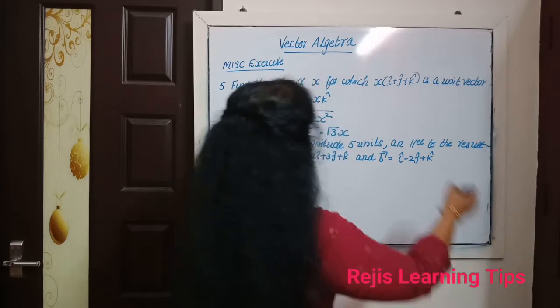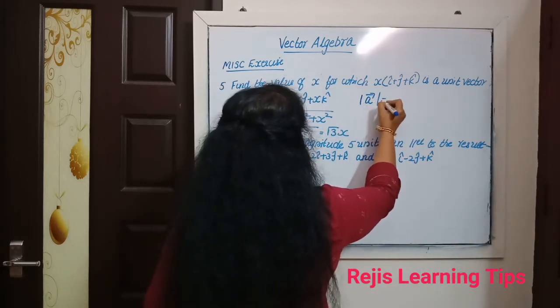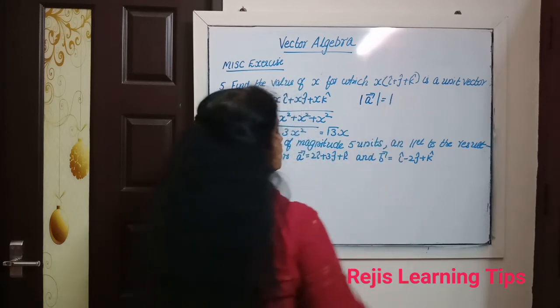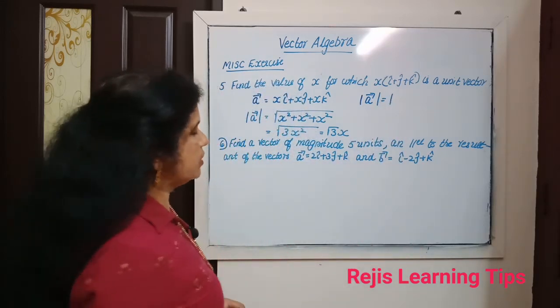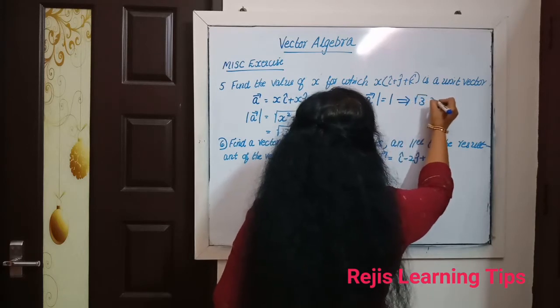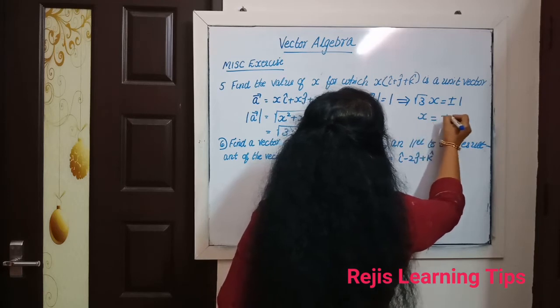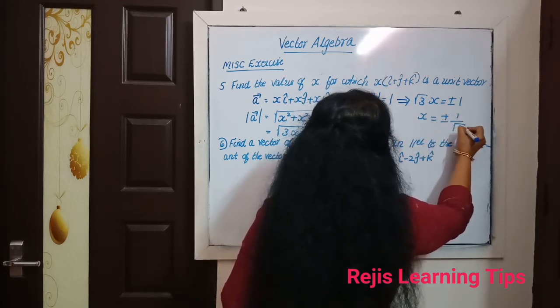So we can note that the magnitude of vector A is equal to 1. That implies that root 3 x is equal to plus or minus 1. Therefore, x is equal to plus or minus 1 by root 3.